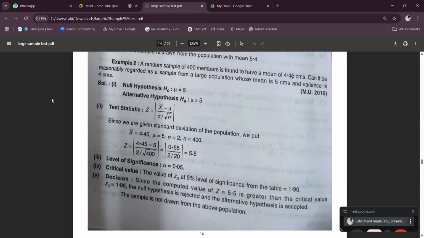Sometimes it is very confusing. Mu is 5, sigma is 2. Check whether it is accepted or rejected.